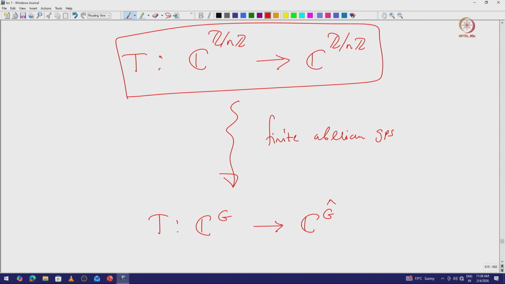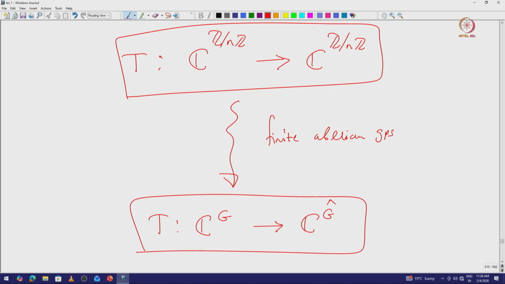The Fourier transform will be defined from these spaces. That is clear from the fact that G hat can be identified with the functions chi k that we defined for Z modulo n Z. I am not going to repeat that.